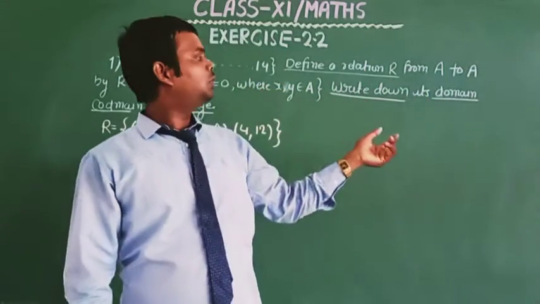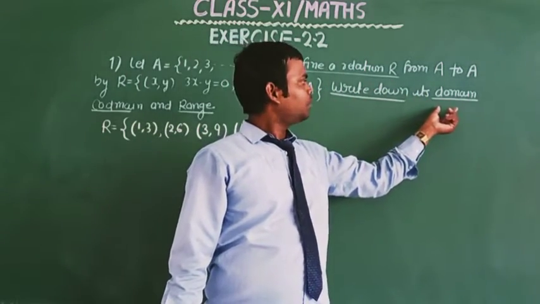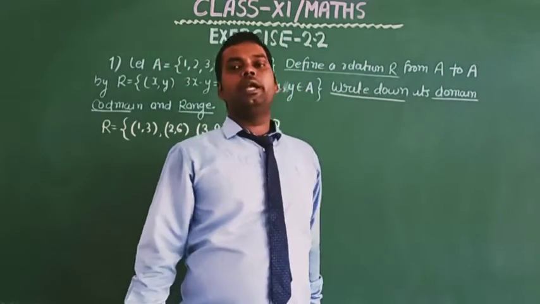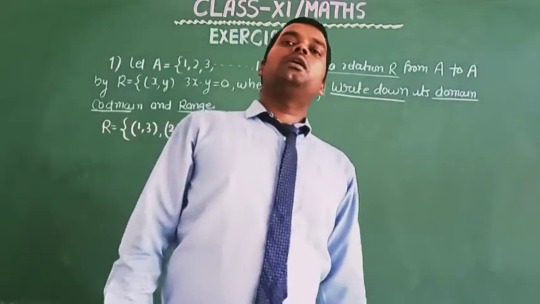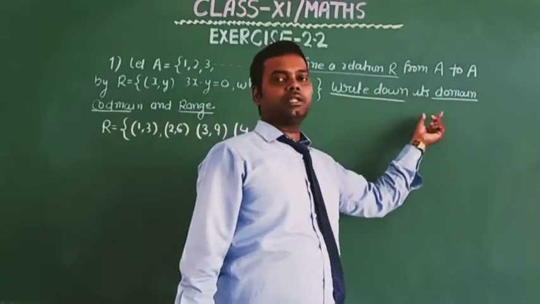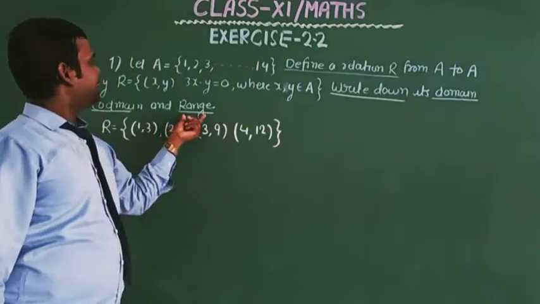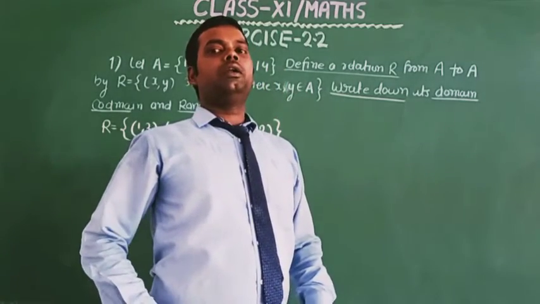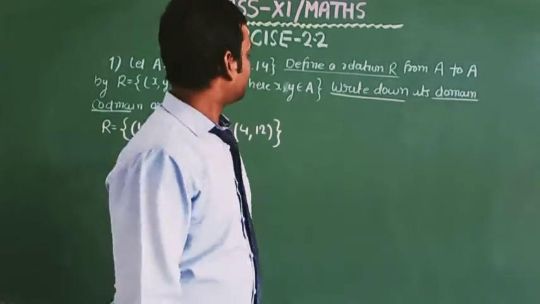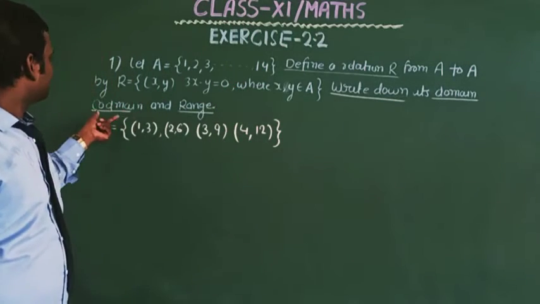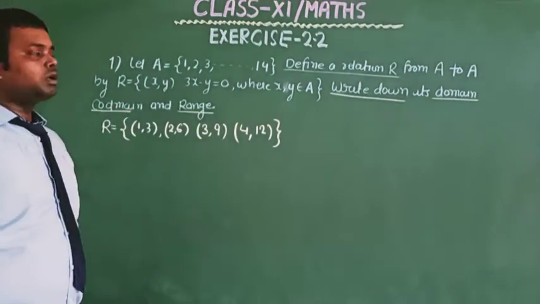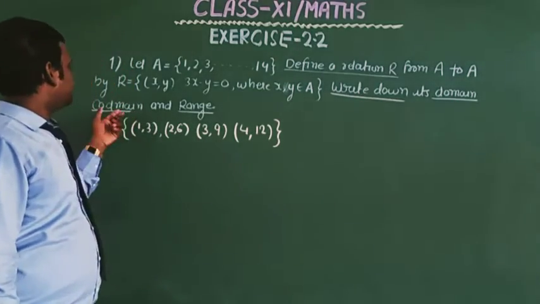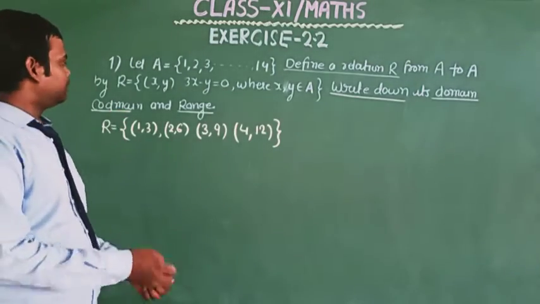Domain is the set of all first elements of the ordered pairs of the relation. And range is the set of all second elements, and the whole set A is called the codomain.